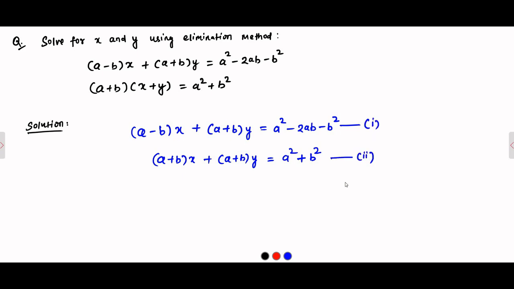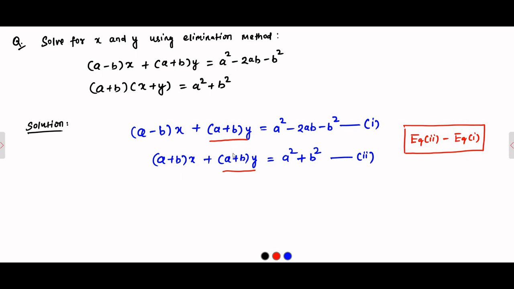Now here we have (a + b)y, and here also we have (a + b)y. So if we perform this operation, that is equation 2 minus equation 1, we will have this (a + b)y and (a + b)y will get cancelled.